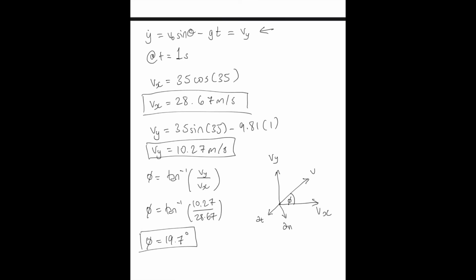Now, when we differentiate the velocities again to get the acceleration, Vx dot becomes 0, but Vy dot becomes minus 9.81 meters per second squared, or basically gravity.